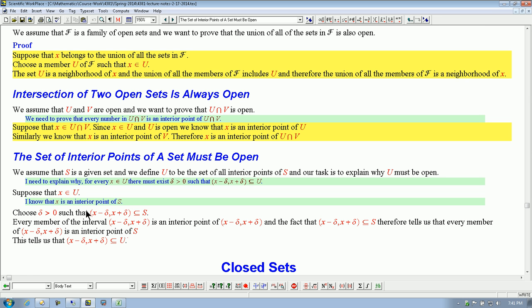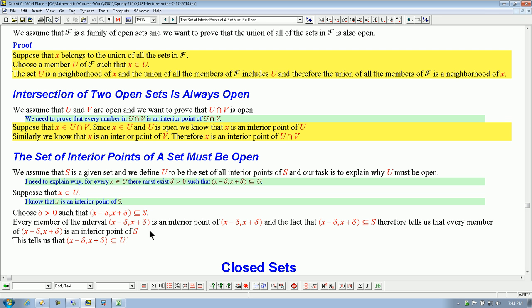Every number in that open interval is an interior point of that open interval, which in turn is a subset of S. When a number is an interior point of a set, it's also an interior point of any bigger set. Earlier seen today, yes? So every number in that interval is an interior point of S.